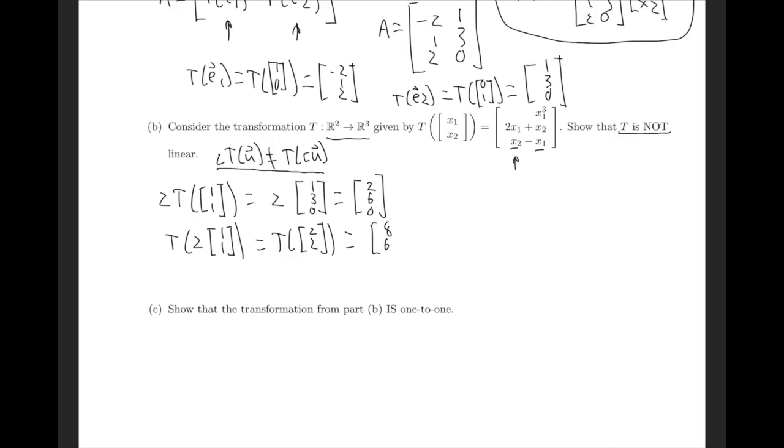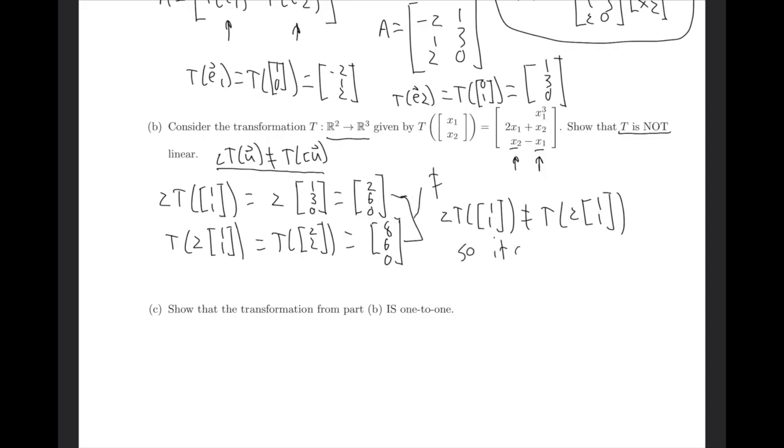And then 2 minus 2, 0. And now we notice that 2 times T of (1, 1) is not equal to T of 2 times (1, 1). These two things don't equal, so it's not linear.